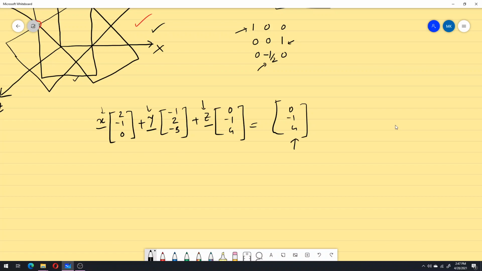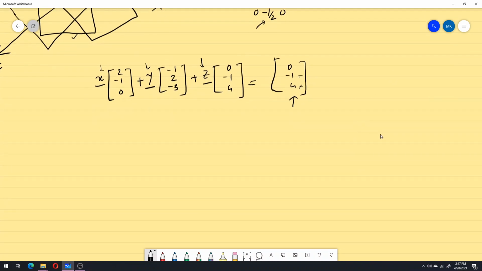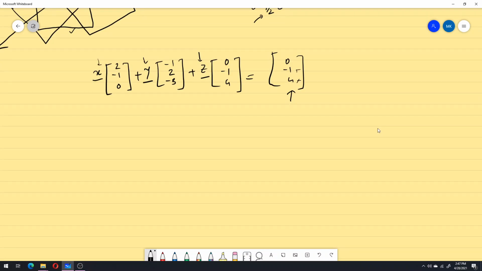That means 0, minus 1, and 4, right? So look at it carefully. Okay, let's draw the column picture. So this is the coordinate system. So this is your column picture.